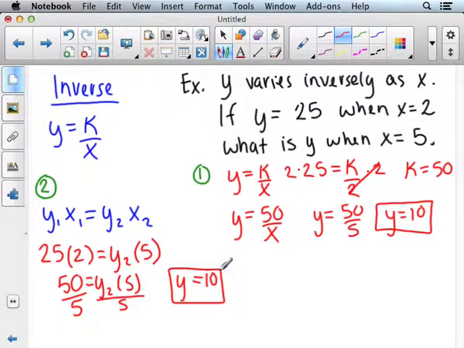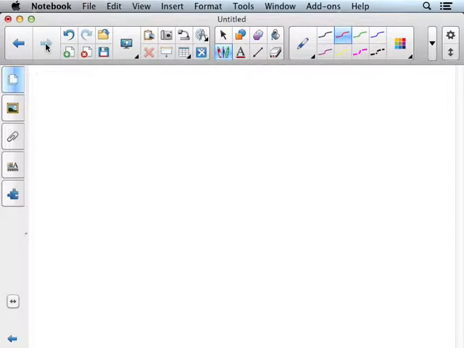Same answer, different way of thinking about it. Here you're directly using the equation and solving for k, the first way. And here you're basically multiplying by x on both sides to get k by itself. And then you're saying, okay, y times x has to equal y times x because they both would have to equal k. That's inverse variation.